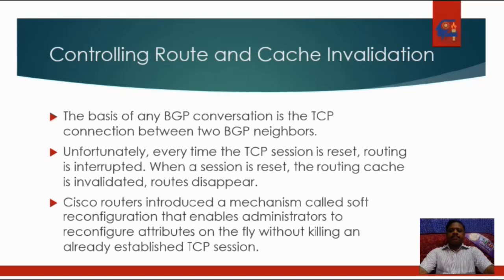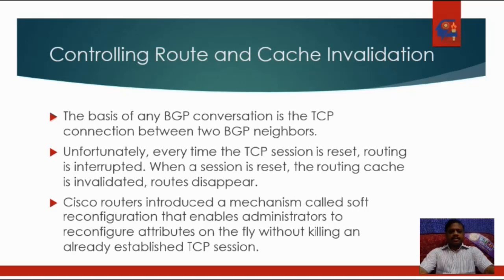Whenever an administrator changes attributes or policies, traditional BGP implementations require that a BGP TCP session with its neighbors be reset or restarted before the modified routing behavior will take place. Unfortunately, every time the TCP session is reset, routing is interrupted.